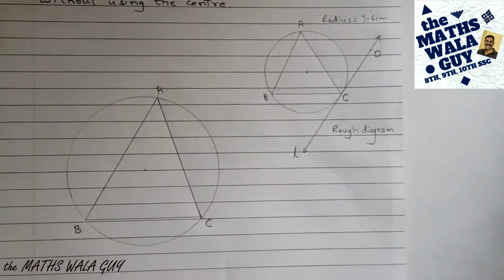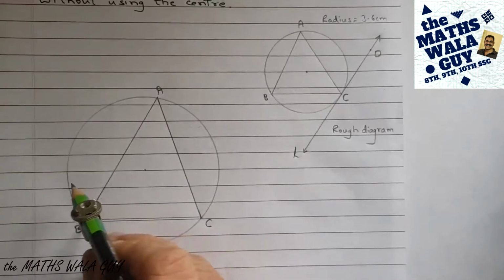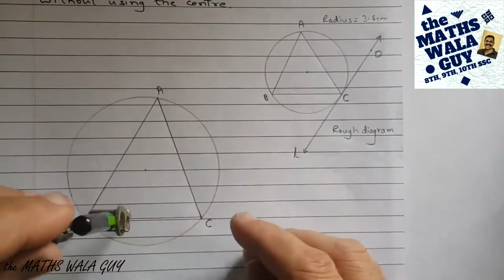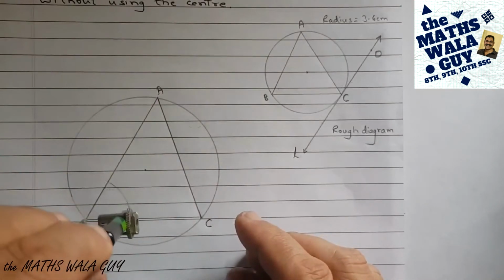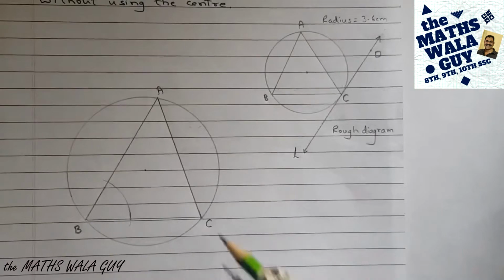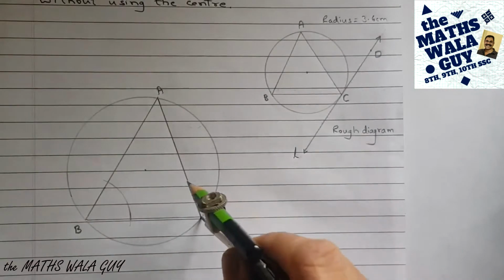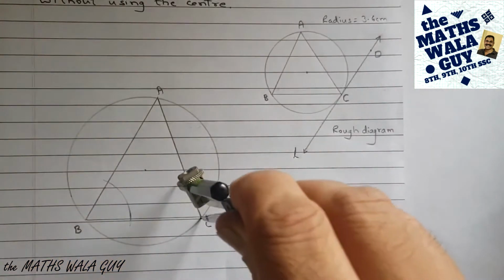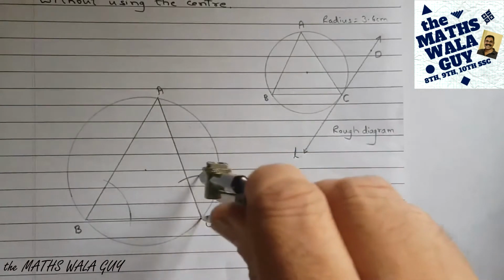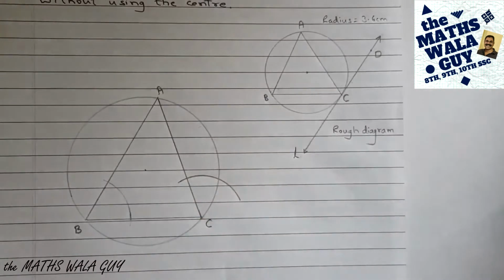Now to do that, I will draw an arc at point B of any distance, any radius. The same arc I will draw at point C. Just remember, it should cut the side AC.